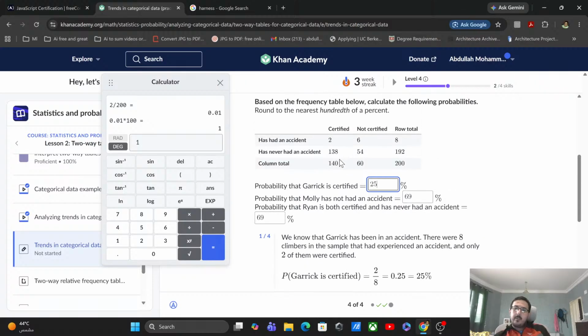She is certified. Molly has not had an accident. She is certified: 138 out of 140. 98.57. So that's 99.